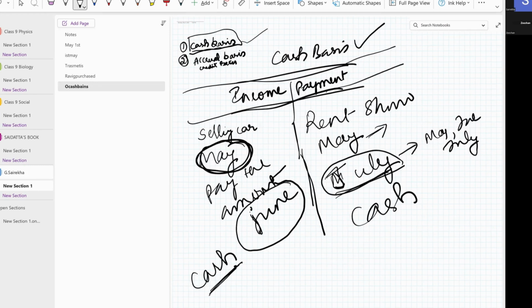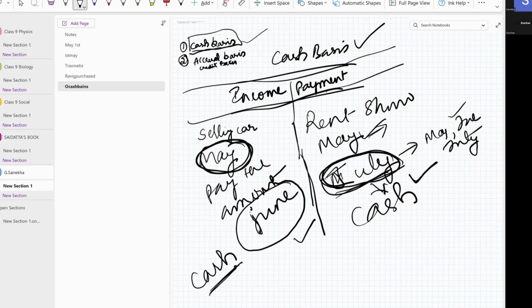Actually you have to pay rent for May, June, and July, but you record paying rent only in July, because cash goes out of the business in July. So you record it in the books in July. Is it clear? Yes, ma'am.